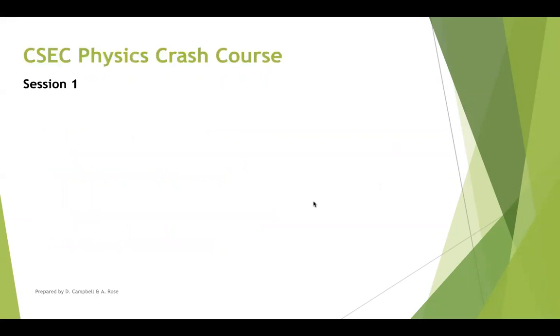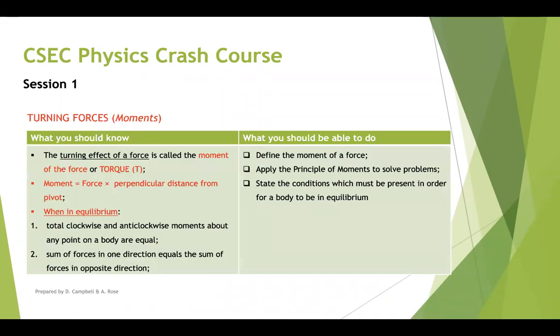So the next topic that we're going to be moving on to then is turning forces, or what we call moments. All right. Now, according to the syllabus, you should be able to define what the moment of a force is. And we have over here that the moment of a force is basically the turning effect of that force, or what we call torque.